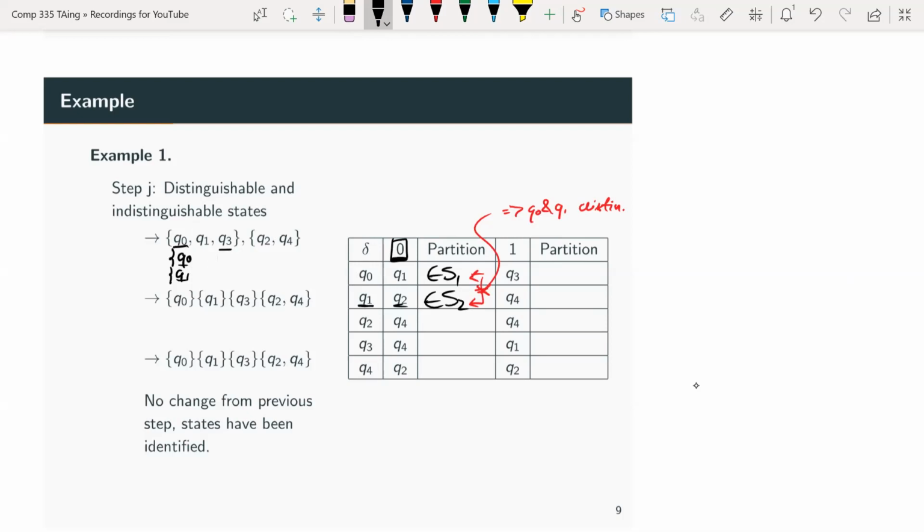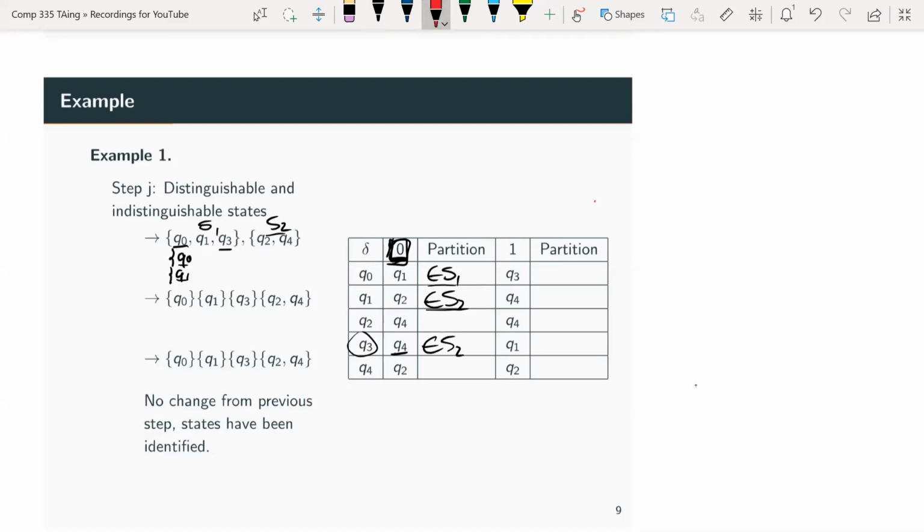So I'm going to erase this. I'm going to keep the partitions because for now the partitions stay the same, right? So if you're in Q3 and you see a 0, you're going to go to Q4. Q4 is part of partition S2.